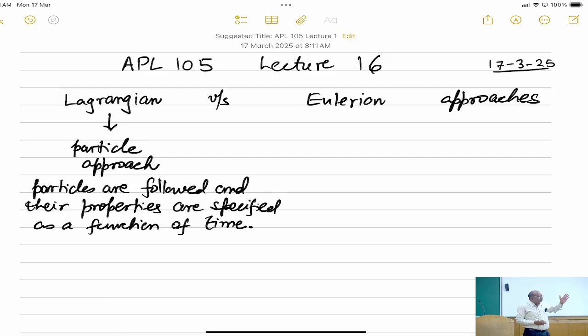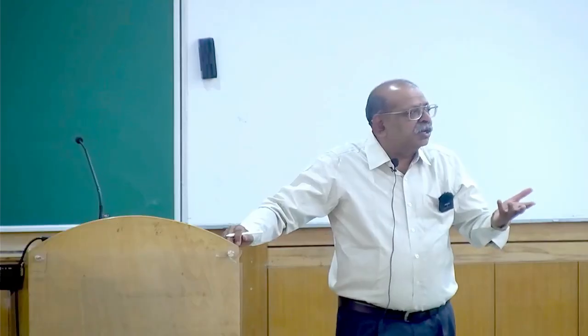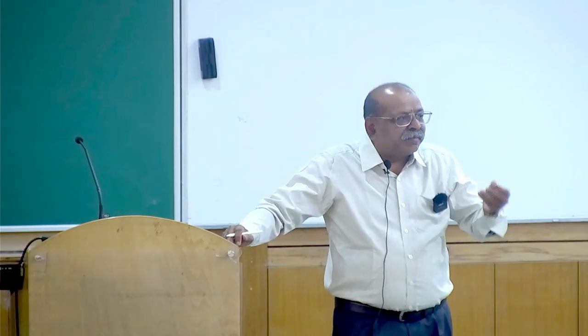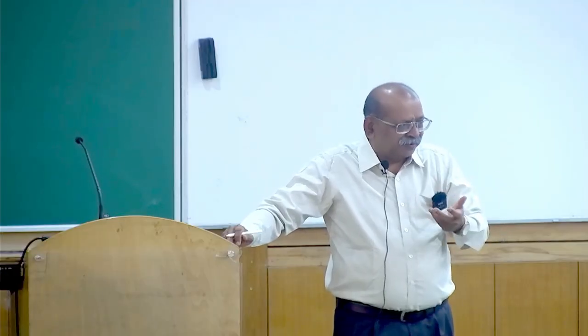And what you realize is the laws which we have, most of them are written for a particle approach. The laws of physics which we have, that mass of a particle is conserved, which means dm by dt is equal to 0.